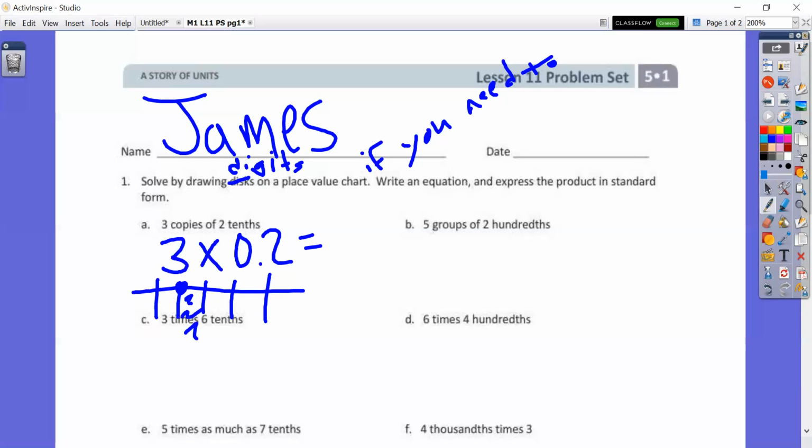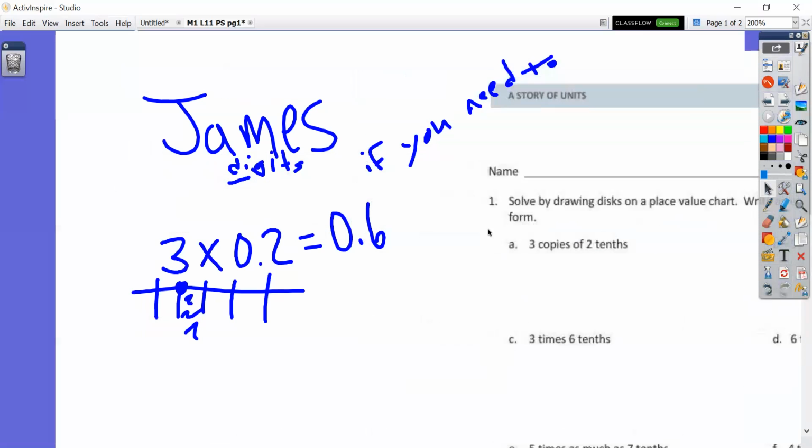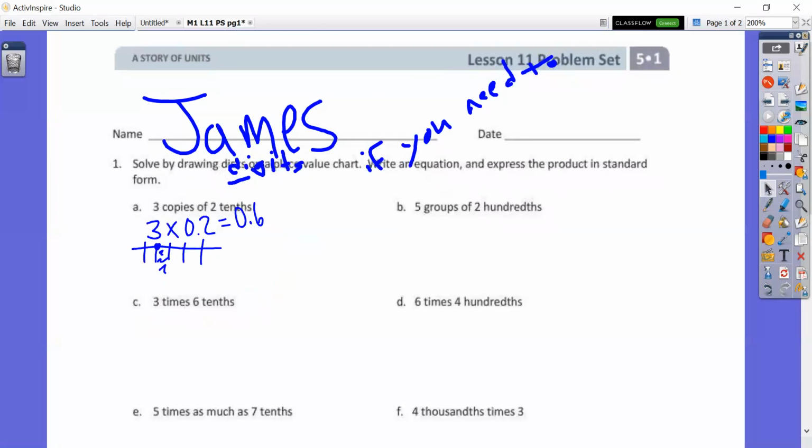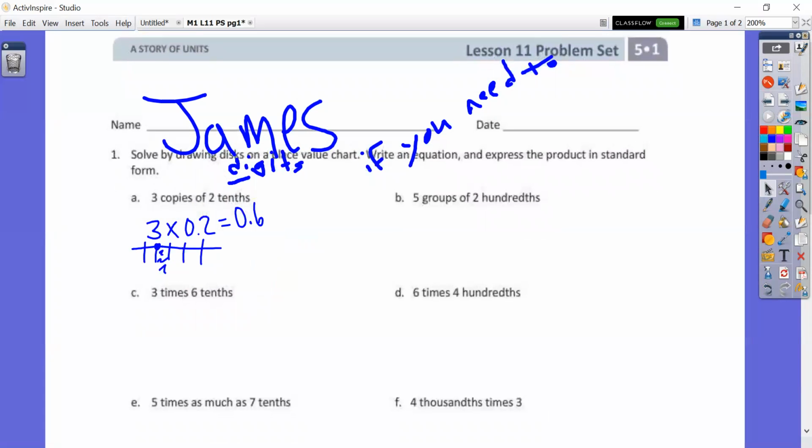If I had 3 of those, it would be 6, so it would be 0.6. Now I'm going to take my mouse tool and make that smaller, get this back over here so it can actually fit.